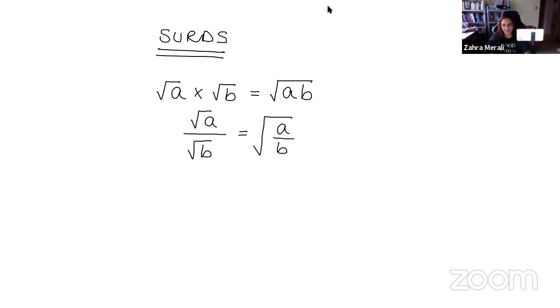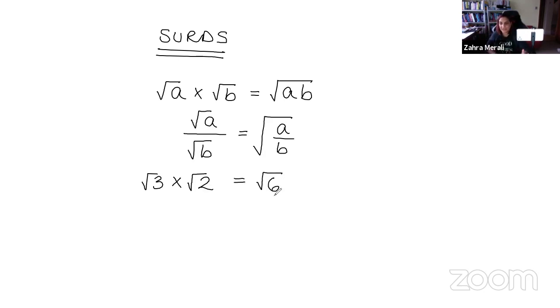Let's take a couple of examples. So if we've got root 3 times root 2, 3 would be my a, 2 would be my b. I multiply them together. 3 times 2 gives me 6. So that's an example of the first one.